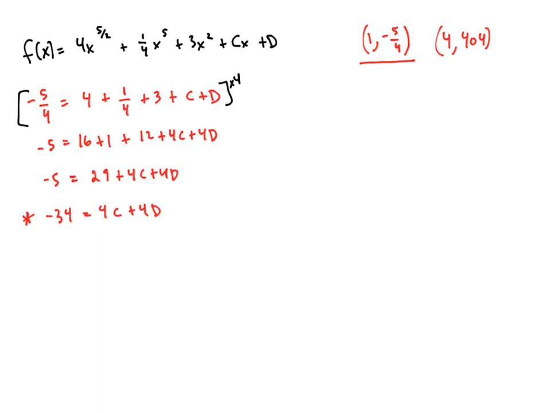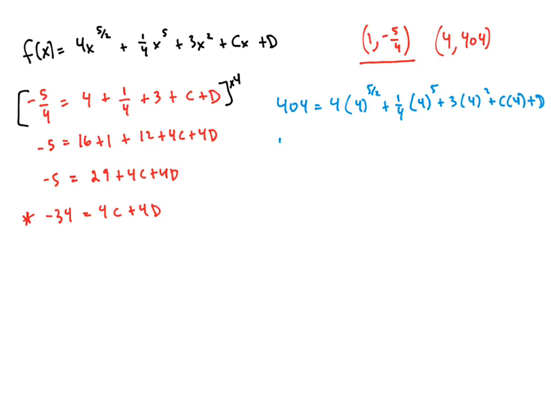Okay, and then let's do the same thing for the other initial value. So I have 404 is equal to 4 times 4 to the 5/2. Substituting in 4 into this equation isn't going to be as easy as substituting in a 1, but we can still do it. 4 squared plus c times 4 plus d.